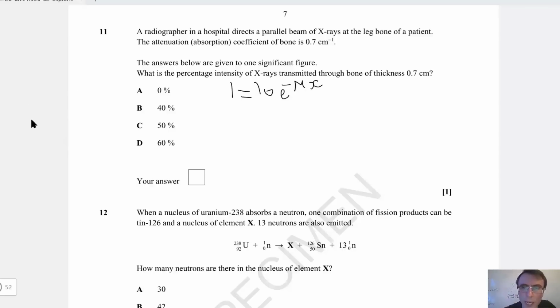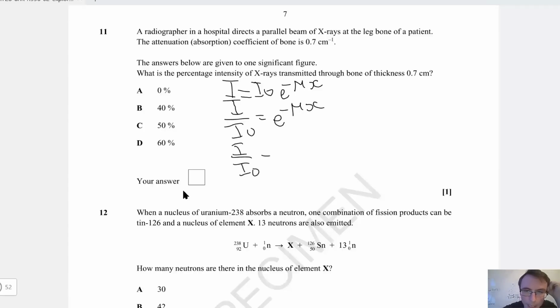So what is the percentage of X-rays transmitted? So I over I naught, let's be consistent here with the I's and the way we write them, is equal to e to the power of minus mu x. So this here is essentially the ratio that we're looking for.